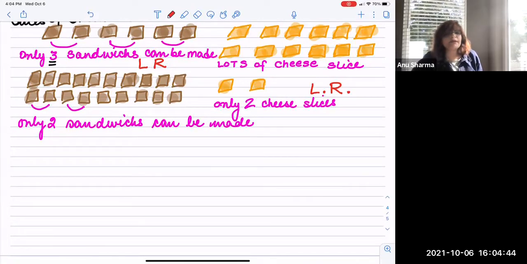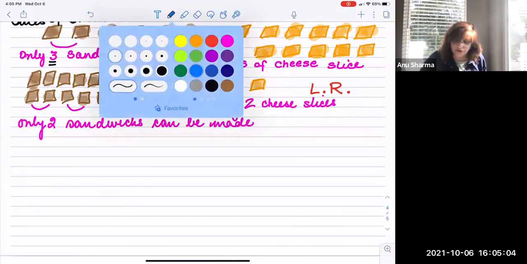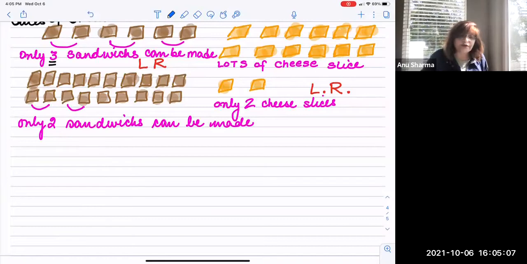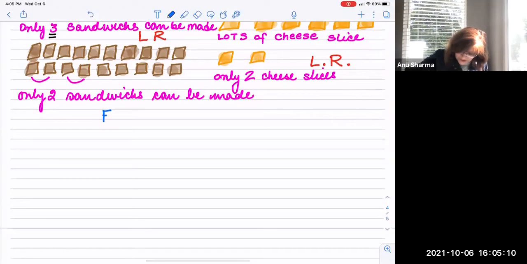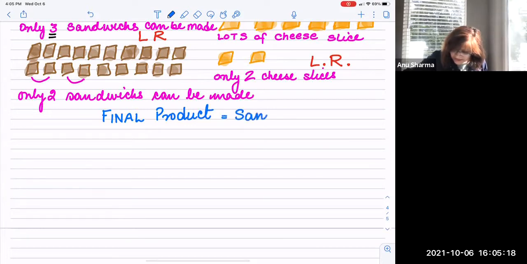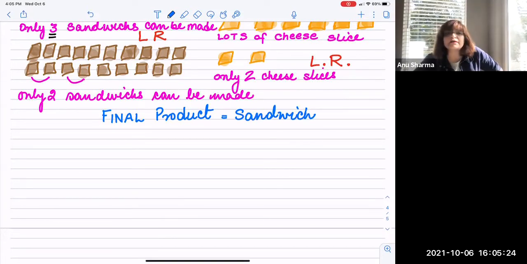It changes. You can bring in more slices of cheese, as many as there are pieces of bread, and then you can have that many sandwiches. Or in the first case, you can bring in more bread and have more sandwiches. It depends on which entity is more and which is less at that point, and what you can produce. The final product is the sandwich, and the reactants are the slices of cheese and the pieces of bread.